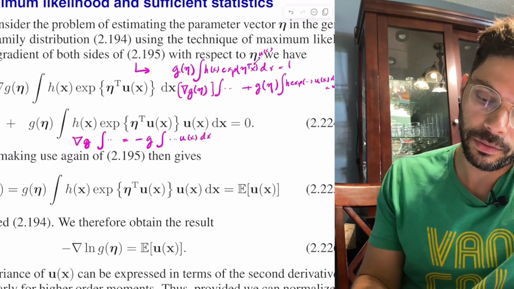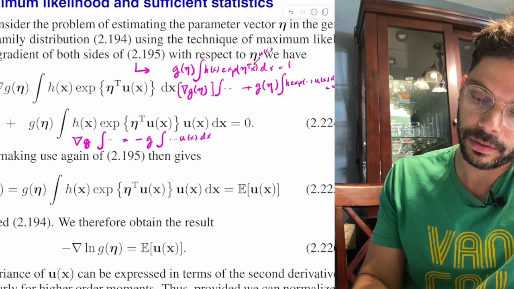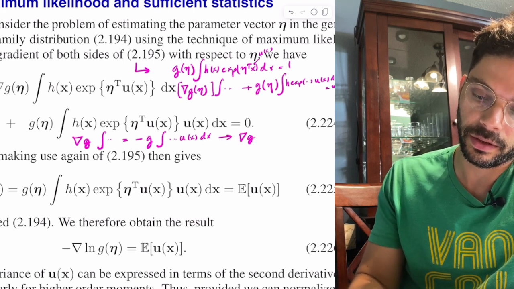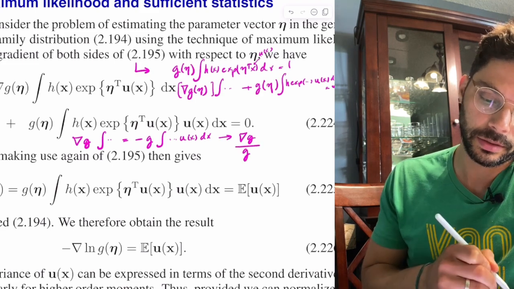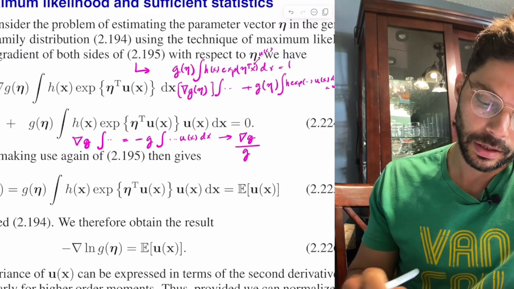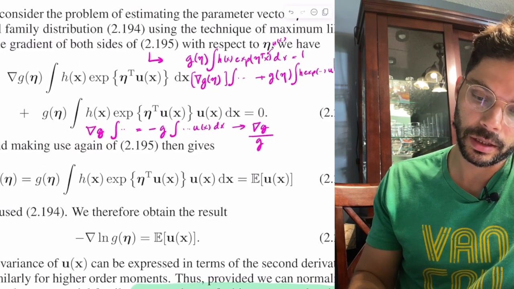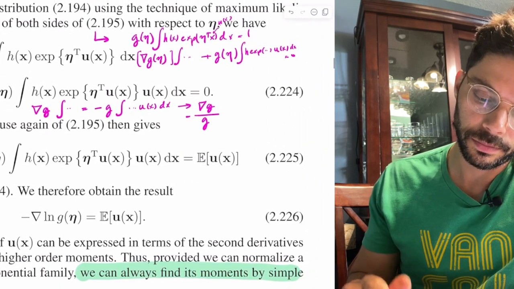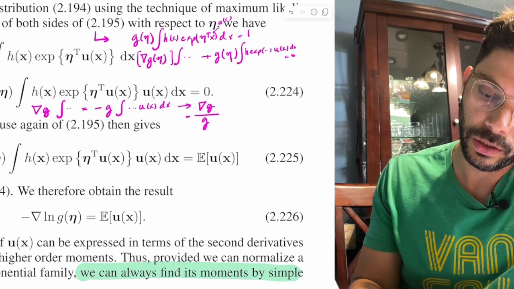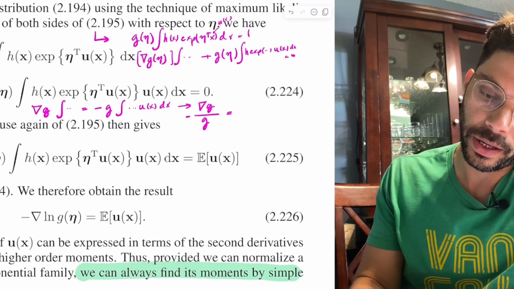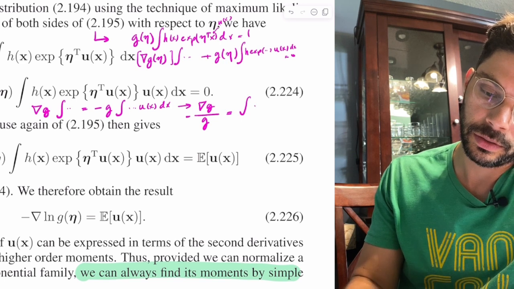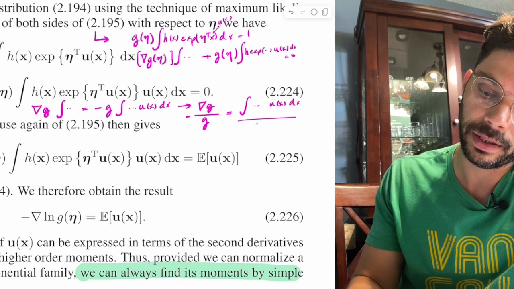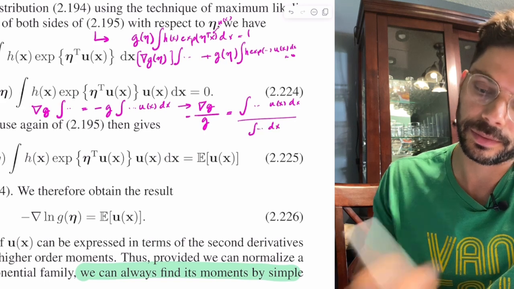And now we're going to get the gradient of g divided by g. Am I missing any signs? I don't think so. That is going to equal the integral of u of x dx divided by the integral itself, right?